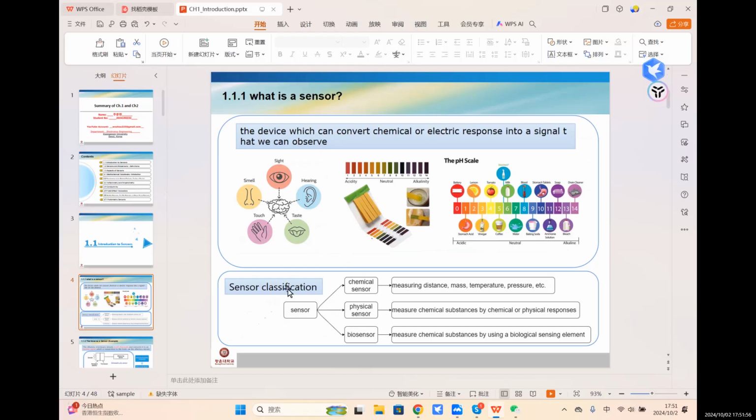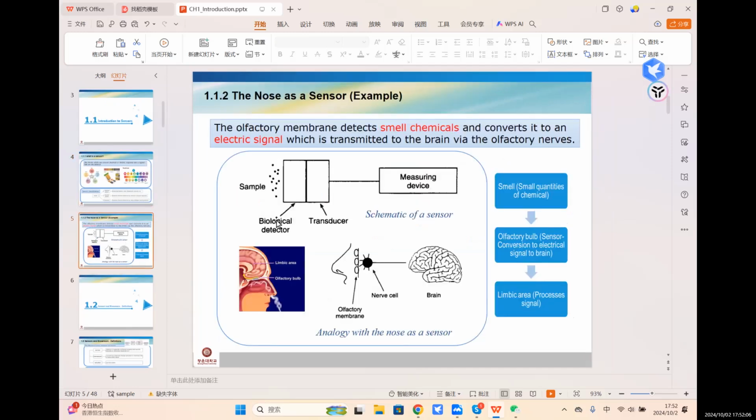Biosensor includes measuring chemical substances by using a biological sensing element. The nose as a sensor: the olfactory membrane detects smell chemicals and converts them to an electric signal which is transmitted to the brain via the olfactory nerves.